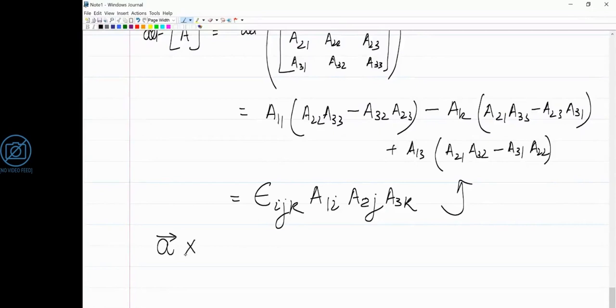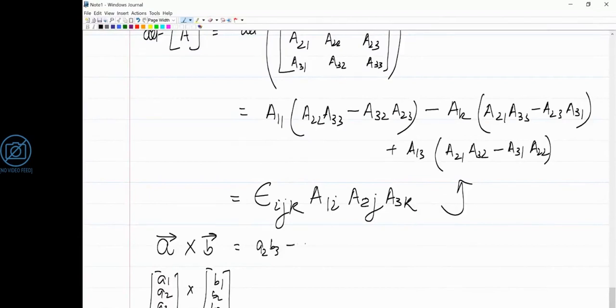This is also used in the cross product. Suppose you have the cross product of two vectors, A cross B. Then you can find out what the components are. So I will write A as A1, A2, A3, cross product B1, B2, B3.